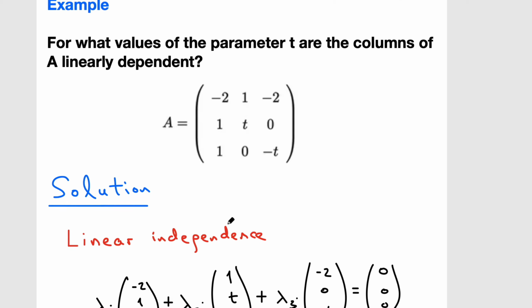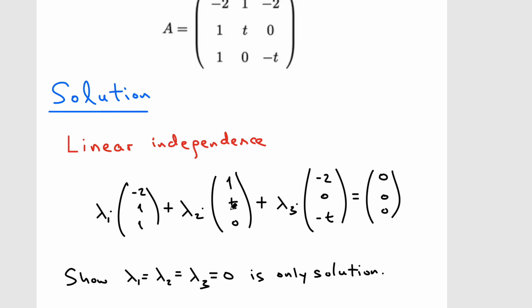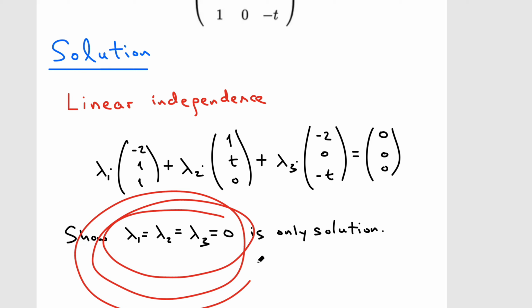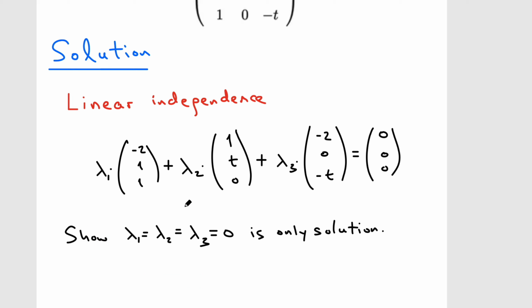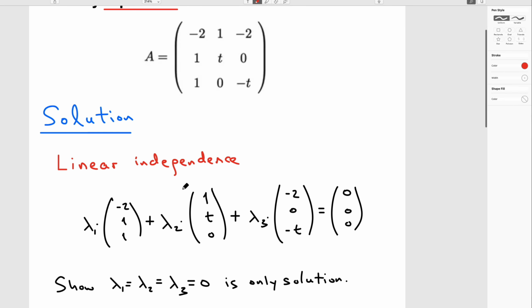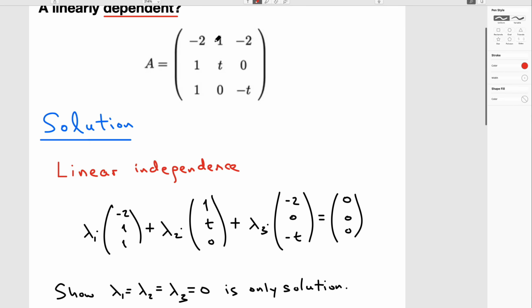So that means that linear dependent means that we'll be able to find a non-trivial solution, in other words, a solution where at least one of these lambdas is non-zero. And in practice, that pretty much means, if we're working over the real numbers, that we'll just have an infinite number of solutions to the corresponding homogeneous equation.